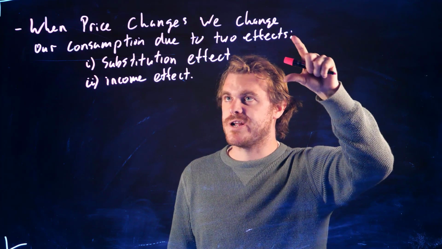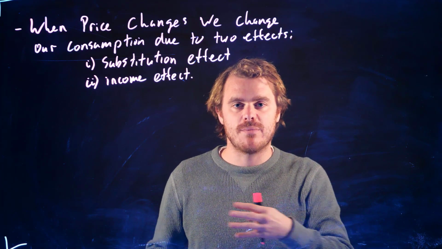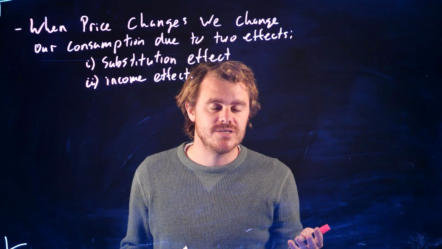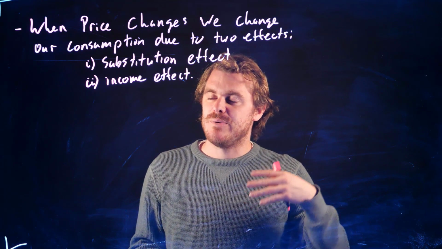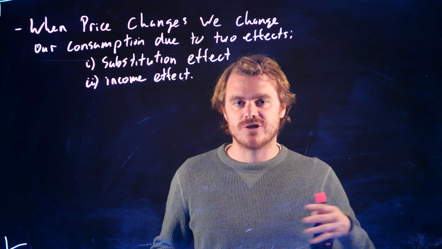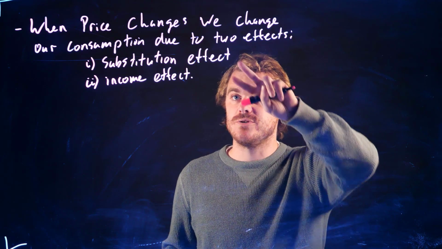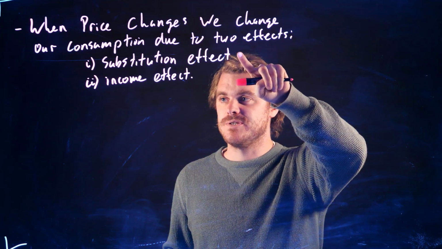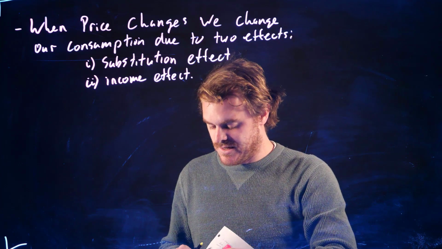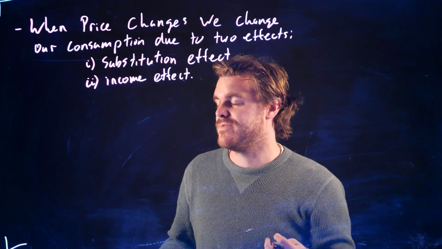All right, so when price changes, we see this total change in how much of this good we want to purchase or consume. And we can decompose this total change into two different effects, the substitution effect and the income effect. Let's start with the substitution effect.